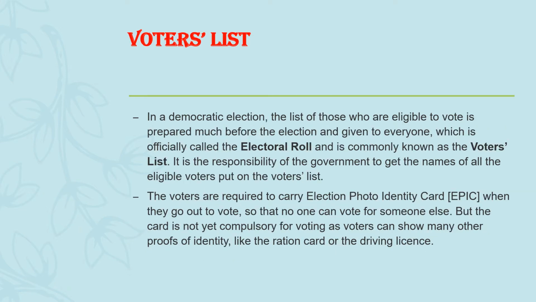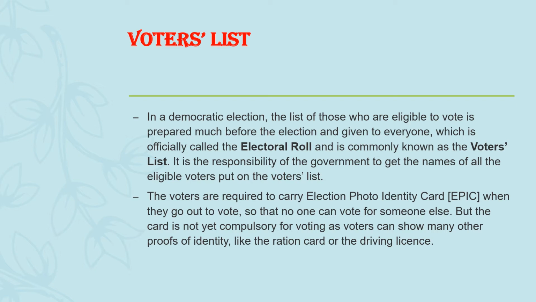Now let's talk about the voter list. In a democratic election, the list of those who are eligible to vote is prepared much before the elections and given to everyone, which is officially called the electoral roll and is commonly known as the voters list. It is the responsibility of the government to get the names of all the eligible voters put on the voters list.